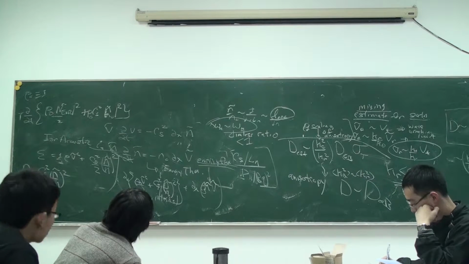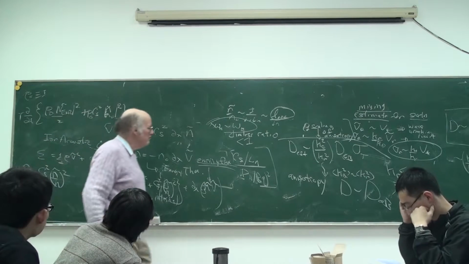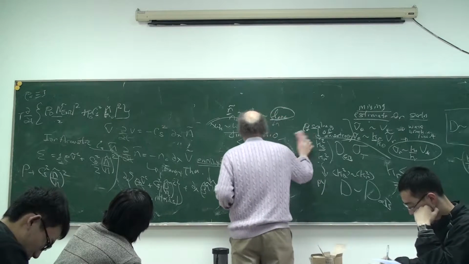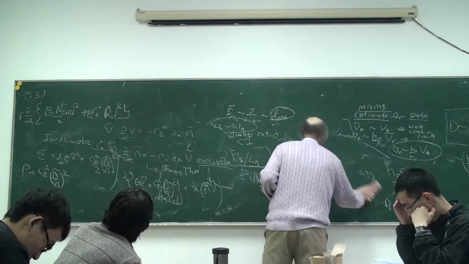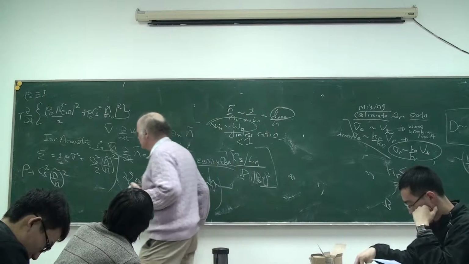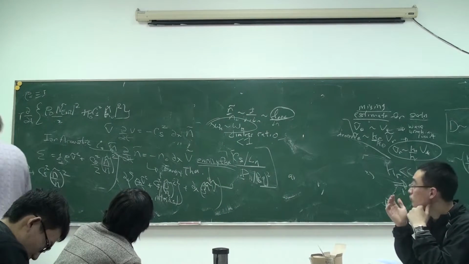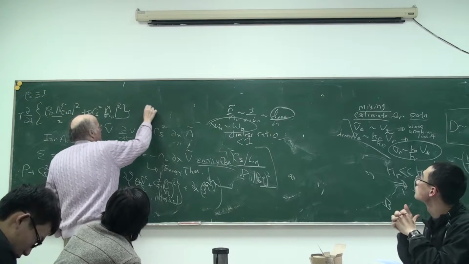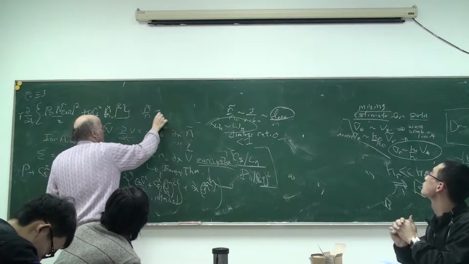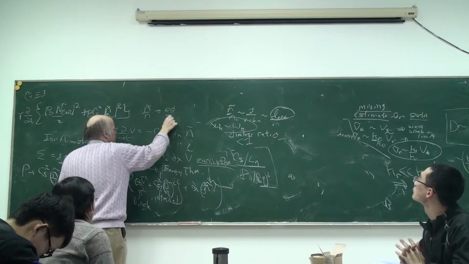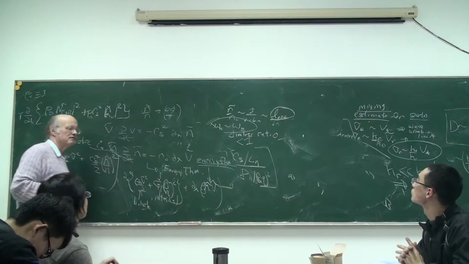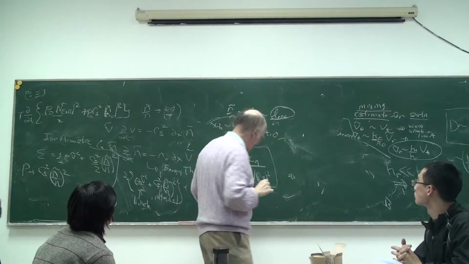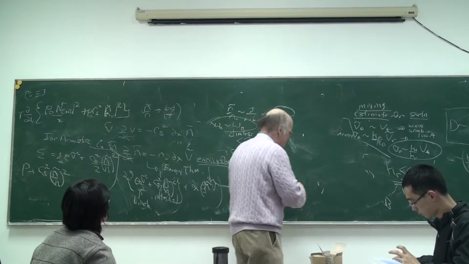Let me show you another way to see that there has to be something like that. What happens in the Boltzmann limit? In other words, n tilde over n goes to e phi over T. Let's look at the Hasegawa-Wakatani equation in the Boltzmann limit.